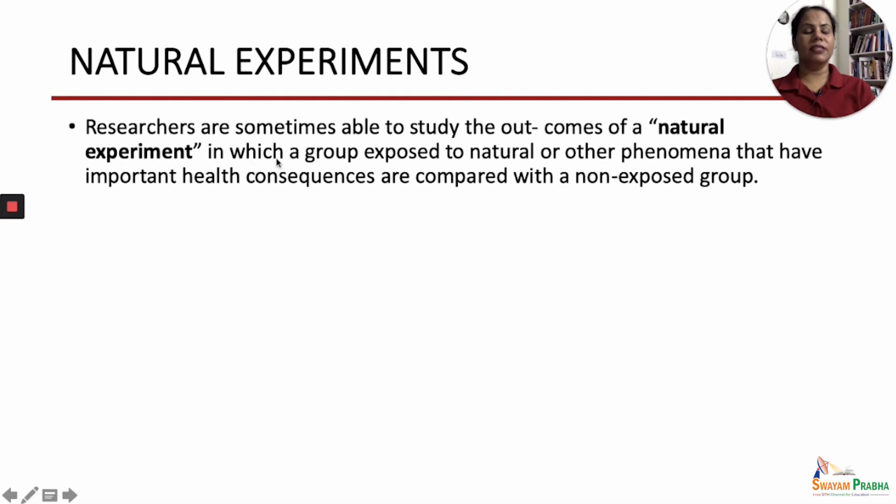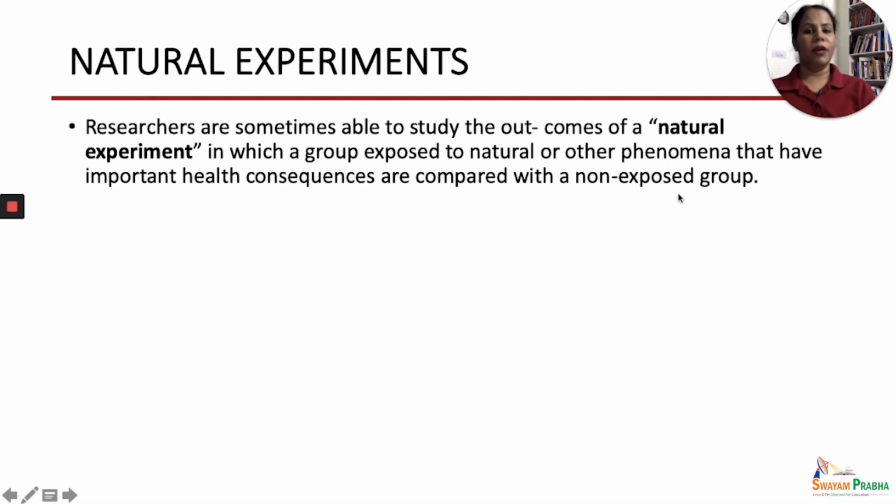Sometimes some groups are exposed to natural phenomena, and then we can study the effect of that natural phenomena on their health consequences. A group exposed to natural or other phenomena that have important health consequences is compared with a non-exposed group.